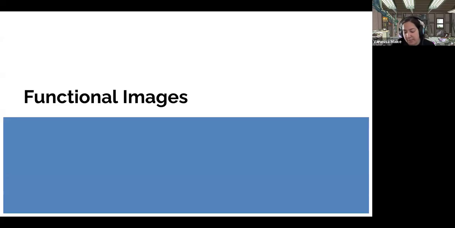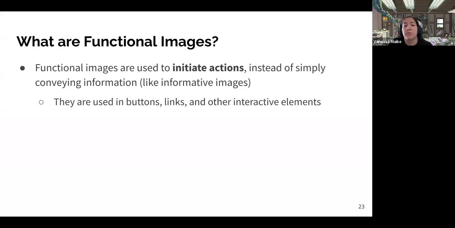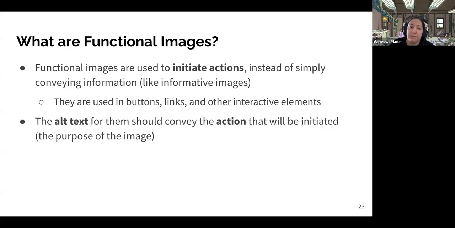And the third type that gets confusing with the other two, decorative and informative, is the functional images. Functional images are images that are used to initiate actions instead of simply conveying information like the informative images do. So functional images are used in buttons, links, and other interactive elements.